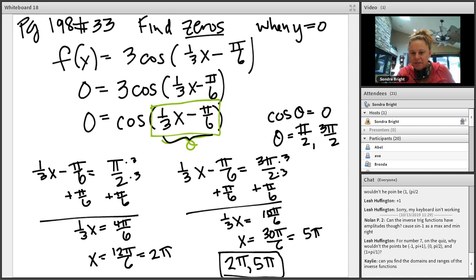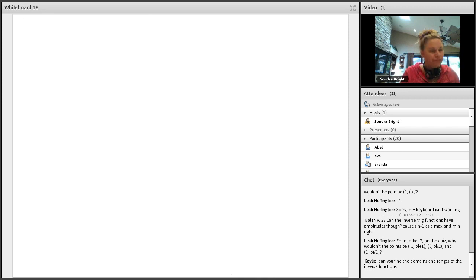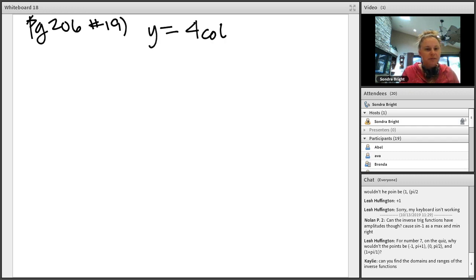What's next? Page 206, number 19. Y equals 4 times cotangent of 3x minus 3 pi over 2, and then minus 1.